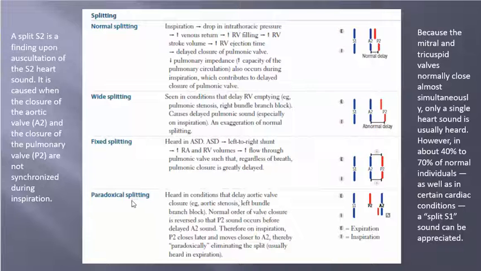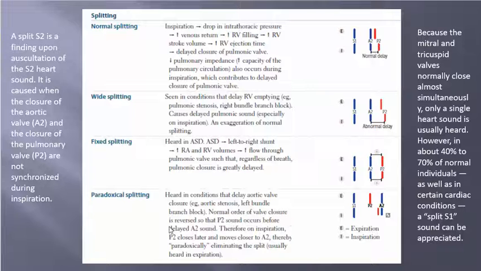Then you have a paradoxical splitting. This is heard in conditions that delay aortic valve closure, such as aortic stenosis and left bundle branch block. Notice these are left or aortic. And wide splitting deals with pulmonic, and right. And then paradoxical, again, left.